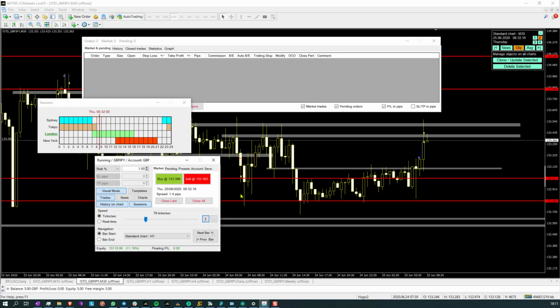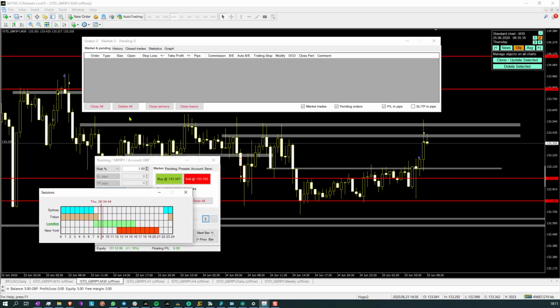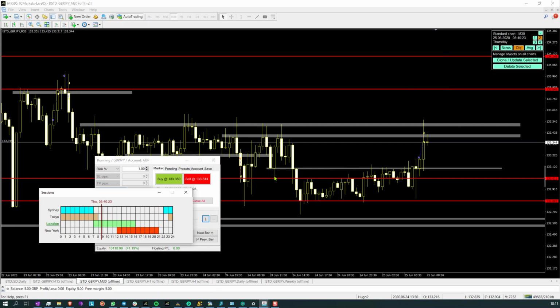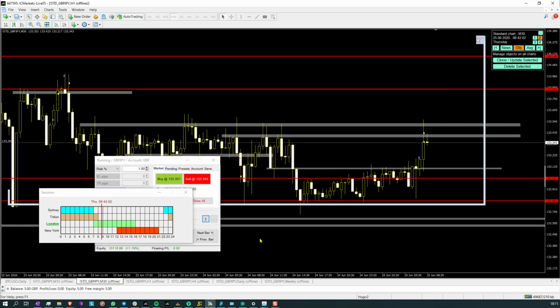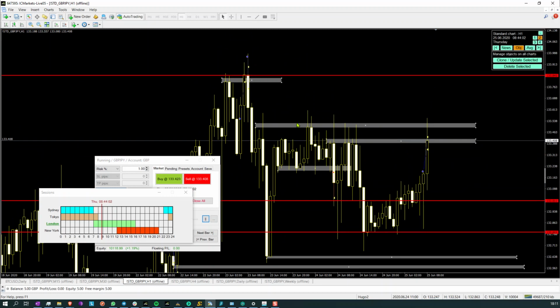Now it's a very dangerous situation because there are a lot of weaks here too. So we have to go over everything. Let me see the 1 hour to have more perspective. The 1 hour just did that. Yeah, very strong zone here, a lot of weaks.